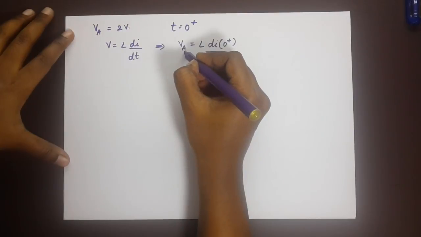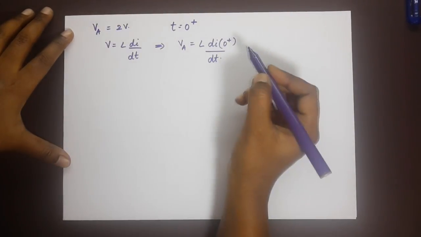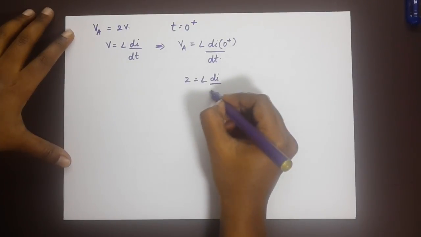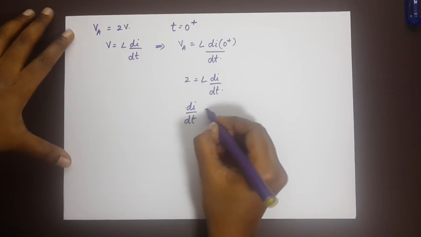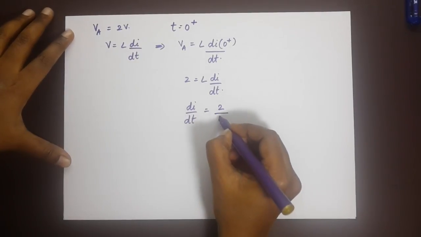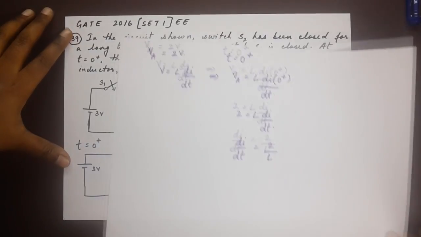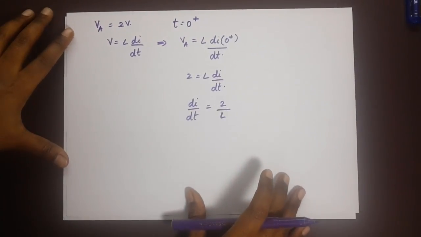Now we have found what VA is. VA is 2. So if we substitute that over here, we have 2 is equal to L di by dt. So di by dt is equal to 2 divided by L. From the circuit, we have the value of L given to us as 1 Henry. So we substitute that value here.